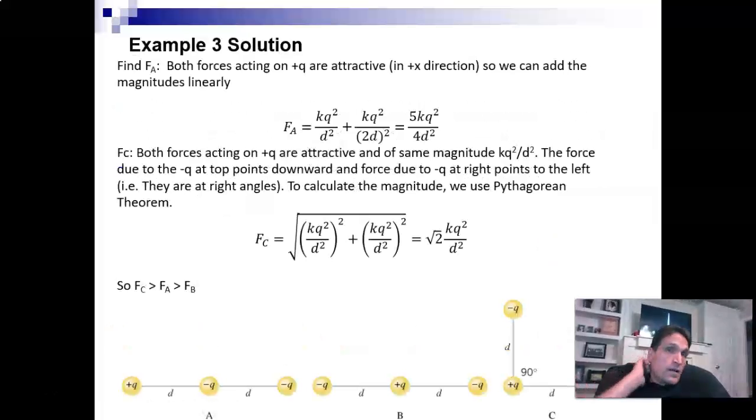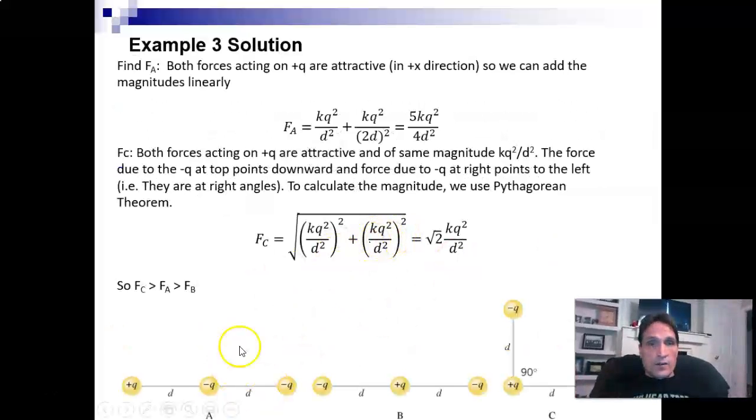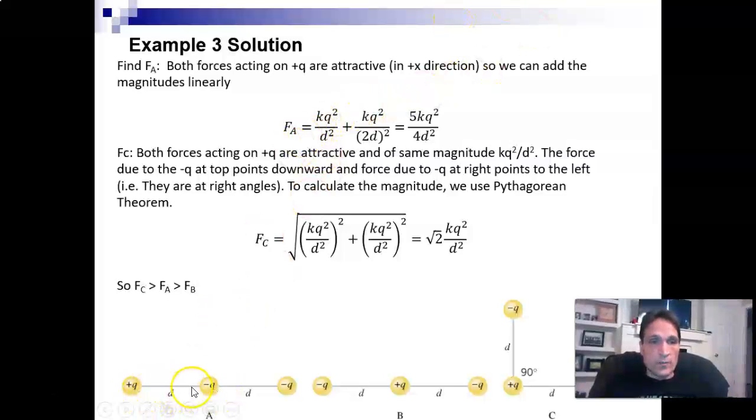We can plug in magnitudes, and all of the magnitudes are Q here. So in part A, the total force is the attractive force K times Q times Q, and the separation between these two is d, so it's KQ squared over d squared, plus the magnitude of the force between the plus Q and the rightmost charge.